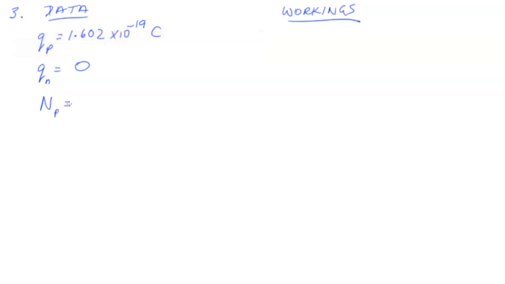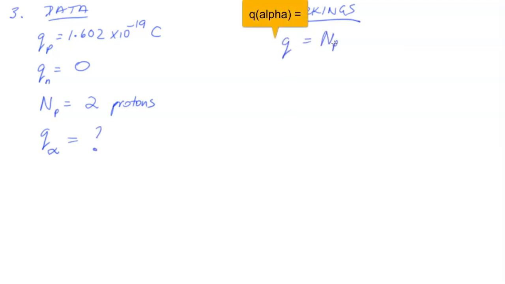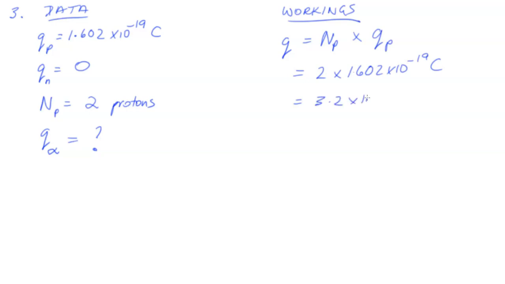So the number of protons is 2. We want to find out the charge on the whole alpha particle, so I'll give it a symbol, A for alpha. The charge equals how many protons we have times the charge of the proton, which gives us 2. Easy.